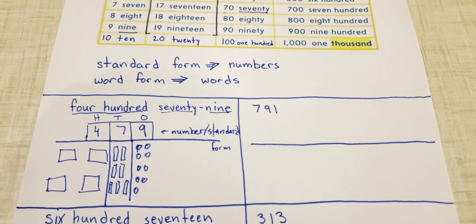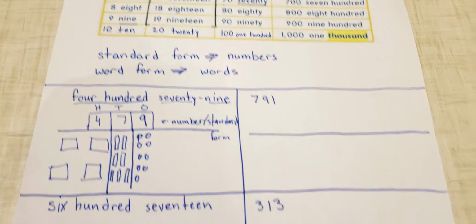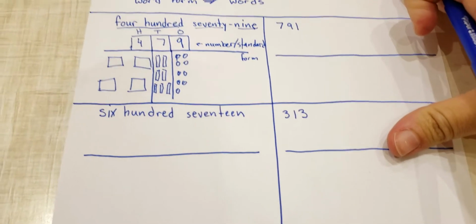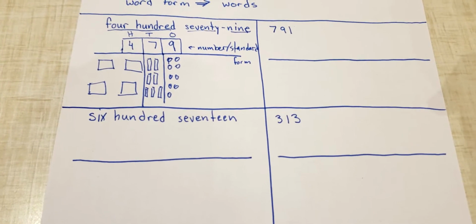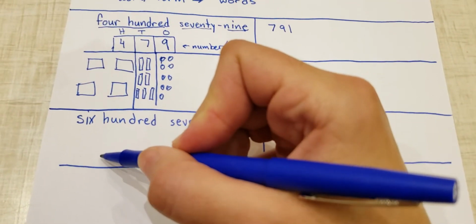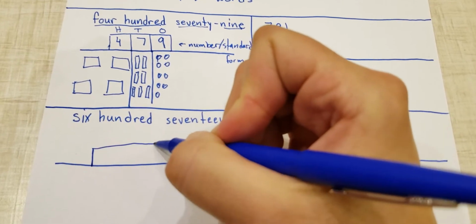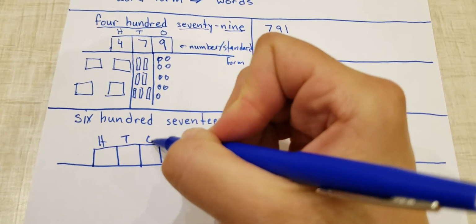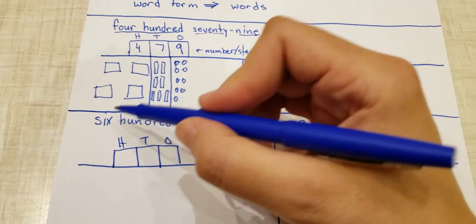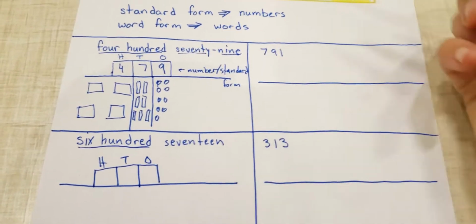Okay. All right. Let's take a look at this one here. 617. Okay. Again, we can make our little chart. Hundreds, tens, ones. Okay. We see 600.